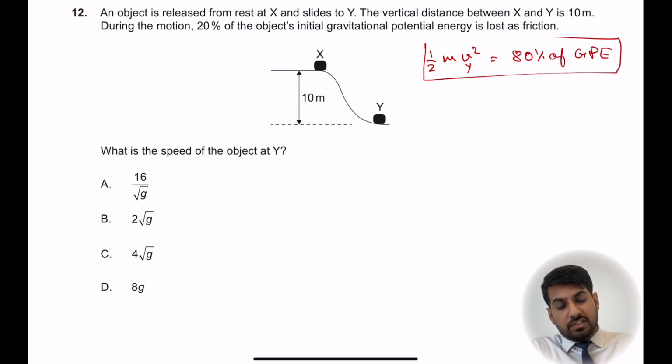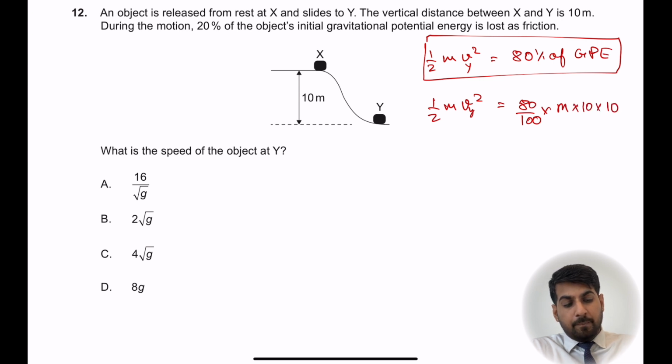By reading this statement, can I write like this? I'm just putting in the values. Half m vy square I have to find out. 80% is 80 upon 100 of total m into g into h, where h is 10. So you can solve this. m and m get cancelled, 100 and 100 get cancelled. So Vy square is 8G, because g is 10.